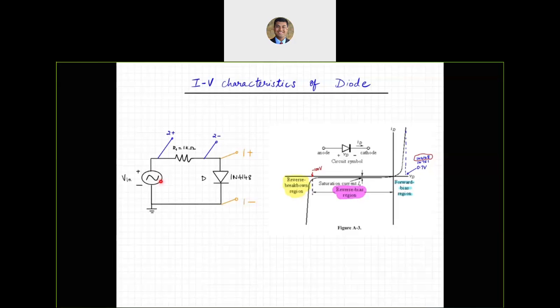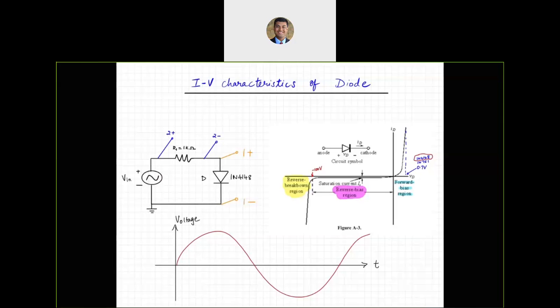And when it is in the forward biased region, let me just quickly sketch over here. Let's actually figure out what this is going to be. So this is going to be my time, and this is going to be my voltage.